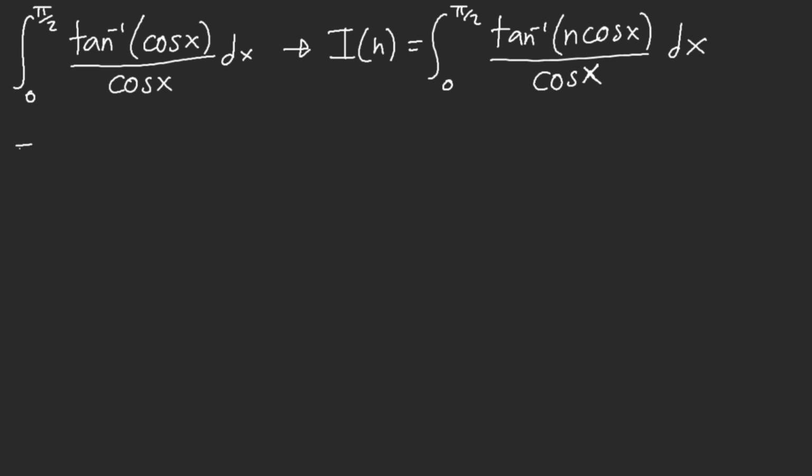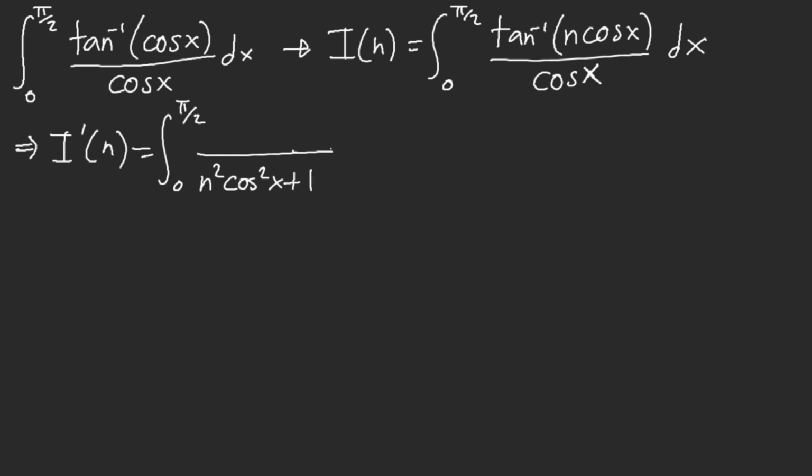So we have I prime of n, if we differentiate it, from 0 to pi over 2. Okay, we get 1 over n squared cosine squared of x plus 1, right? And then times cosine of x, which would cancel it out. And then we should be left with this, right?